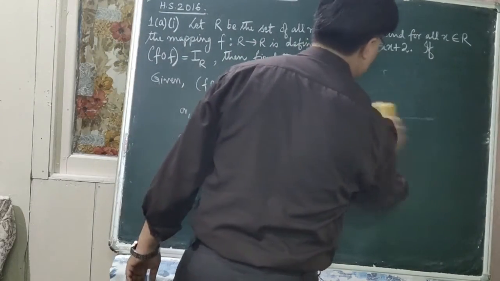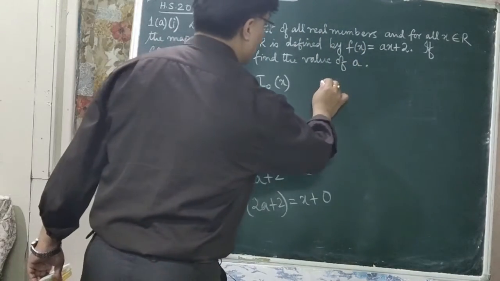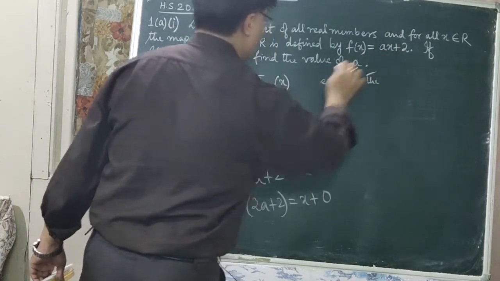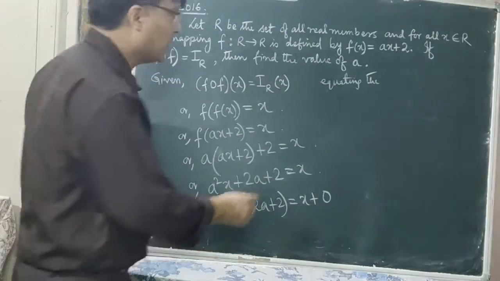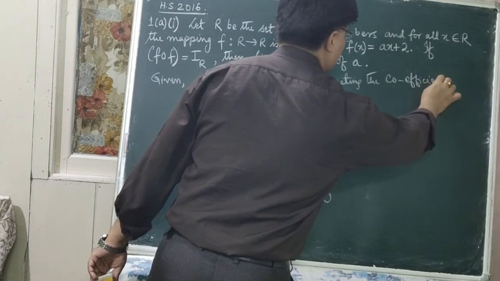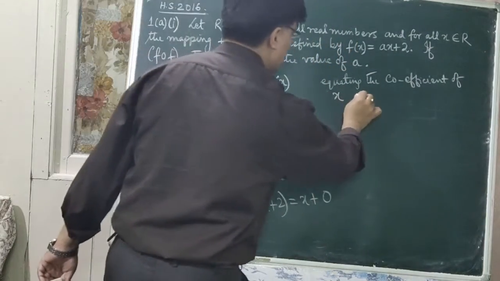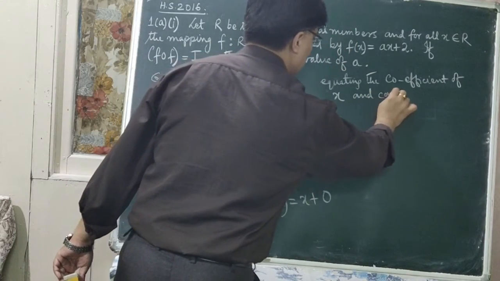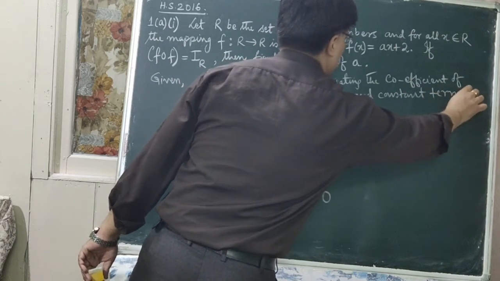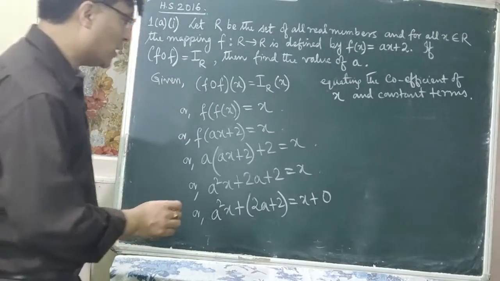I think you know this identity function. So equating the coefficient of x and constant terms from both the sides, what do we get?